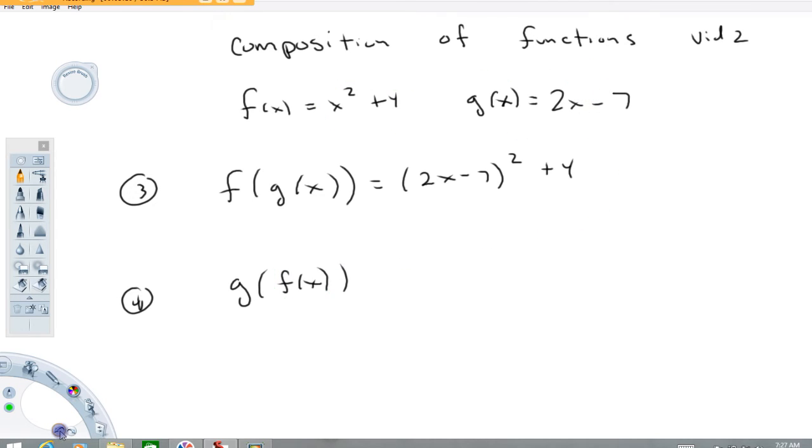What does that look like? That's going to be 2 times x squared plus 4, and then minus 7. This can be distributed, so why don't we simplify this one a little bit. That's going to be 2x squared, plus 8 minus 7, so that ends up with a plus 1.